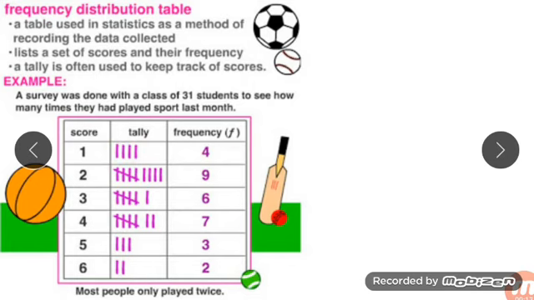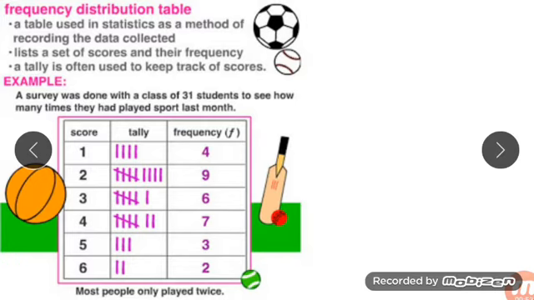As I told you, frequency shows the number of occurrences of each observation. So this shows that the number of students who have played sports once in the last month is 4. The number of students who have played sports twice is 9. Similarly, the number of students who have played sports thrice in the previous month is 6, and the number who have played sports 4 times is 7.